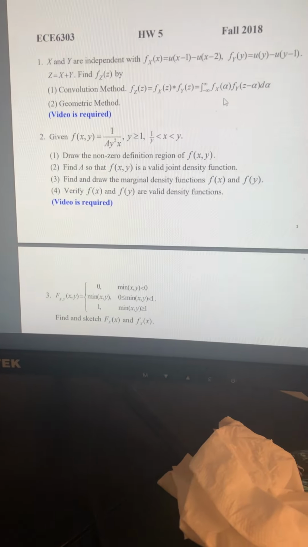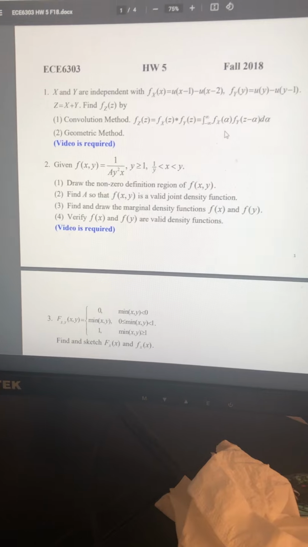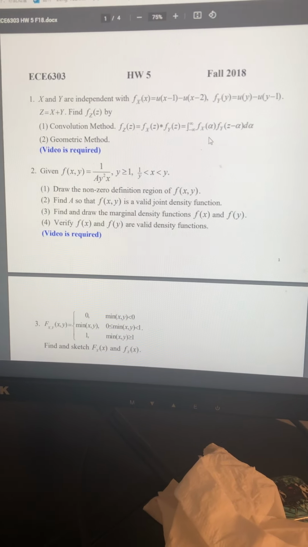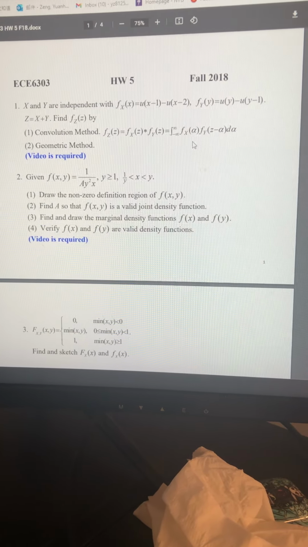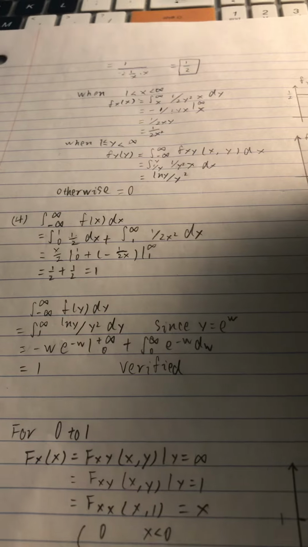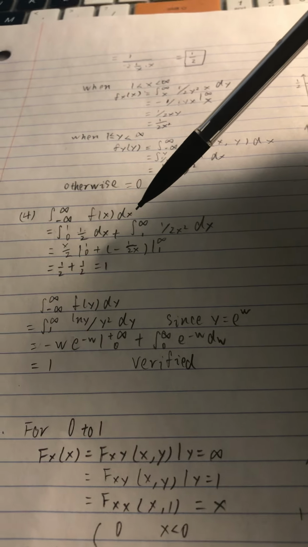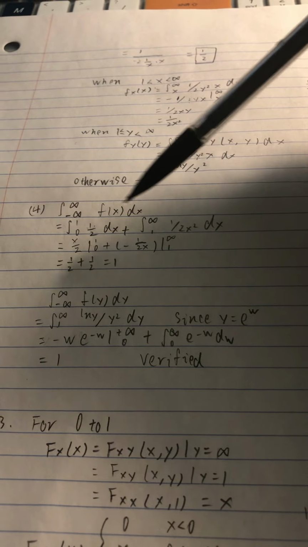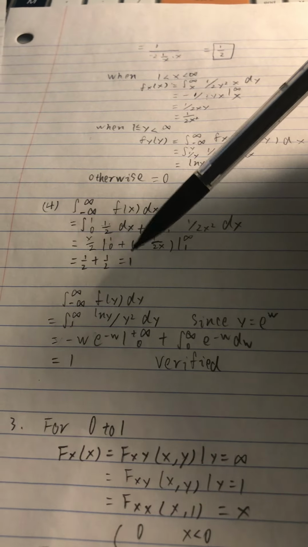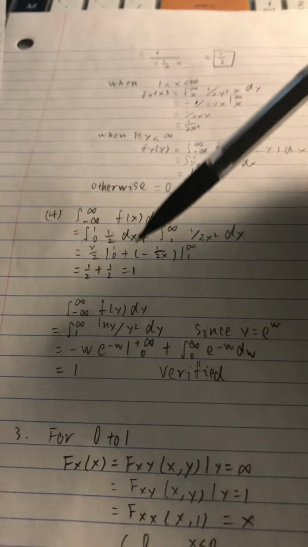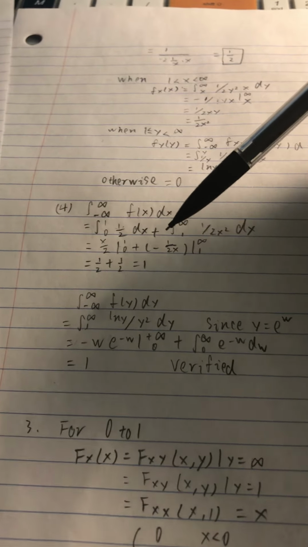And for the first part, it's asking to verify that the density function of x and the density function of y are valid density functions. What we're going to use is to verify that they are equal to 1. When they equal 1, it means they are valid.